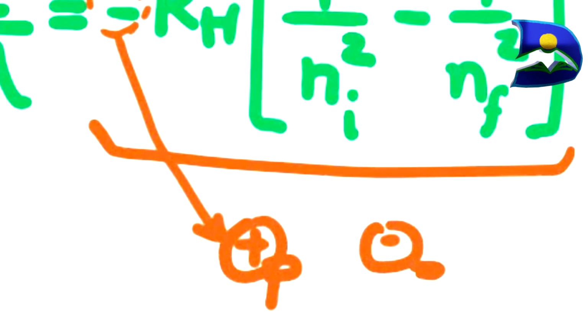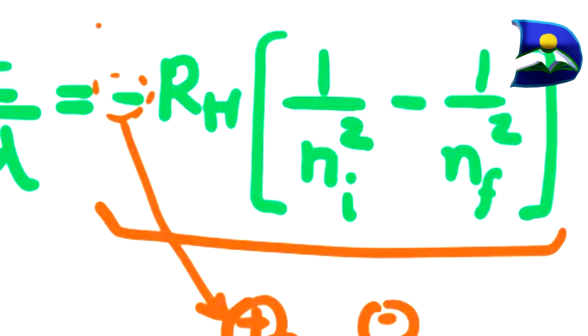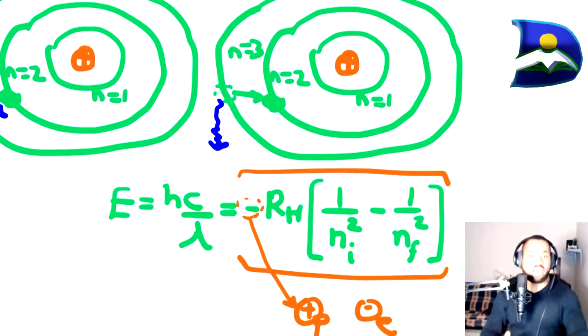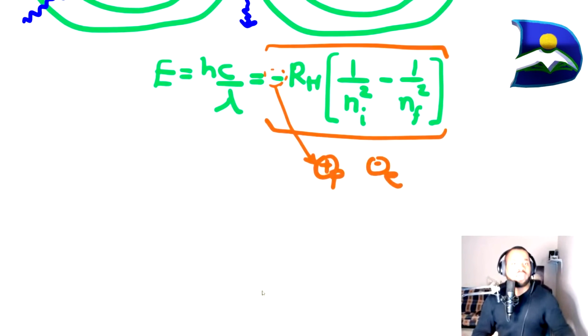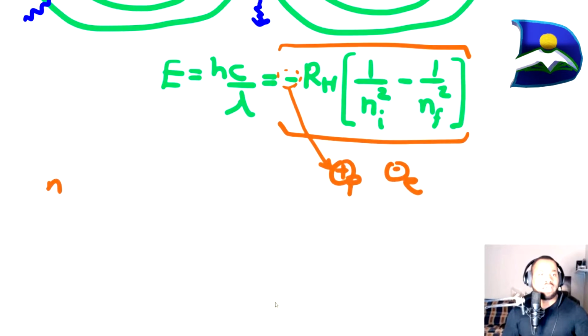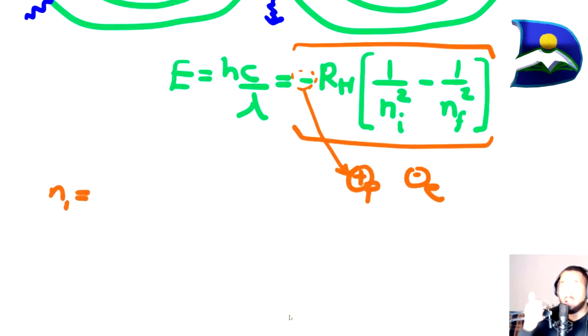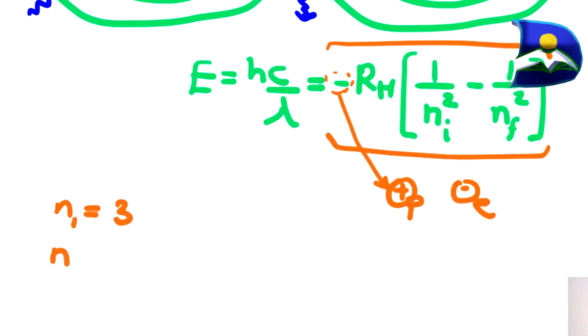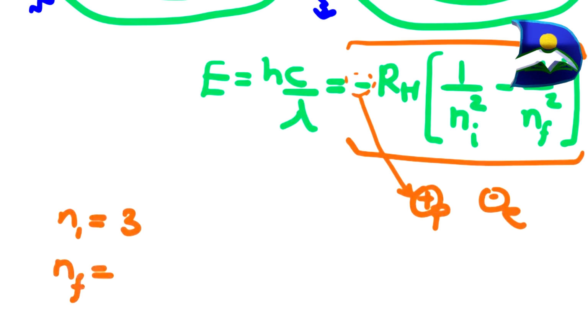So here we are going to focus on this particular expression because we have a constant, we have our n initial, and we know that our n initial is going to be equal to what? 3, and our final energy level is going to be 2.